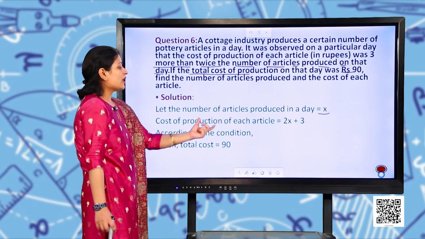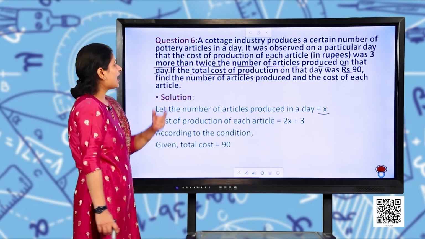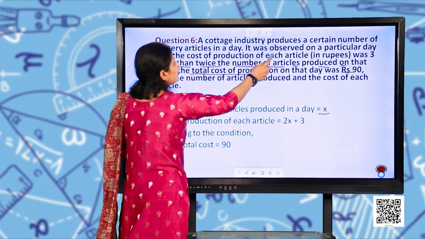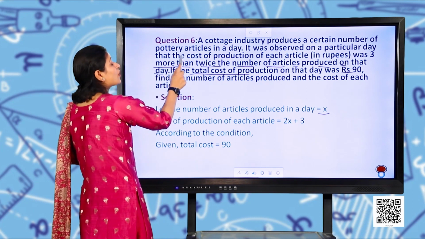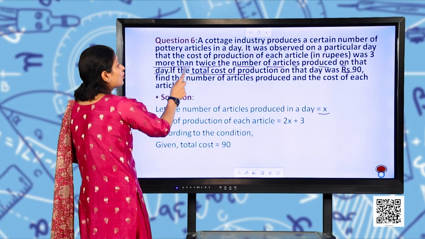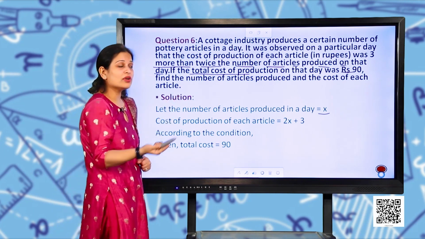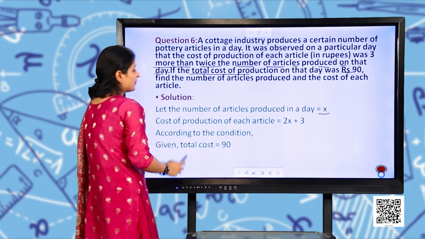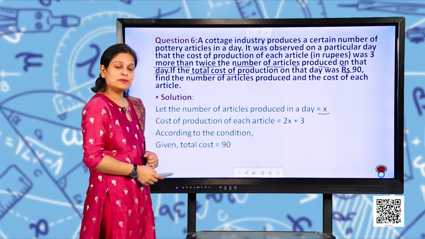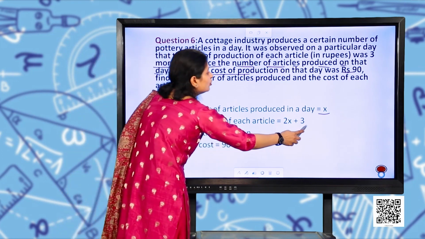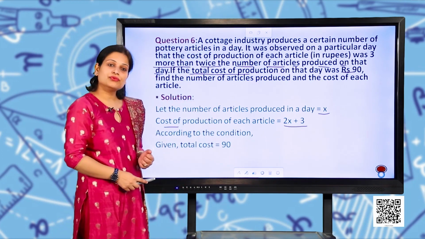The cost of production of each article, as he has mentioned, was 3 more than twice the number of articles produced. As we have considered the articles produced in a day as x, the cost will be 2x plus 3.